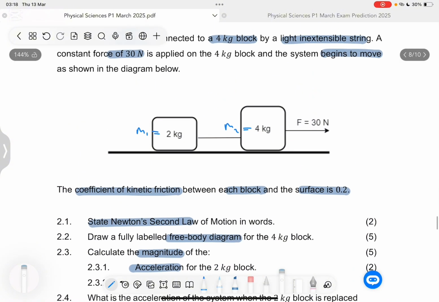Now, this question is a very funny question, because they're saying that we should find the acceleration for M1, right? And they make it seem as if M1 has its own acceleration that is different from M2. But that's not the case. We know that the acceleration of the 2 kilogram block is the same as the acceleration of the 4 kilogram block, and they have the acceleration a, so we're just going to write it as the acceleration a because it's the same.